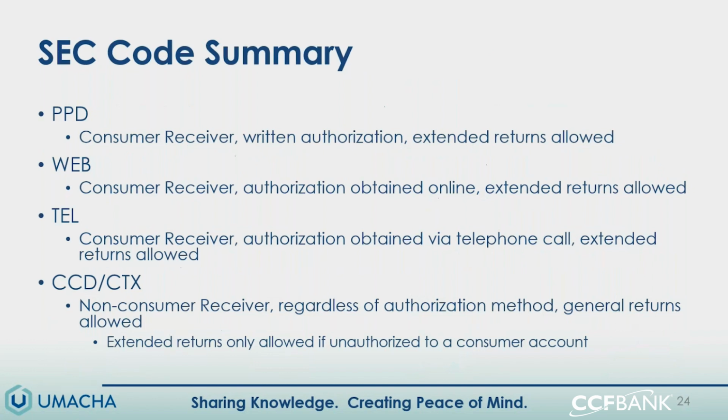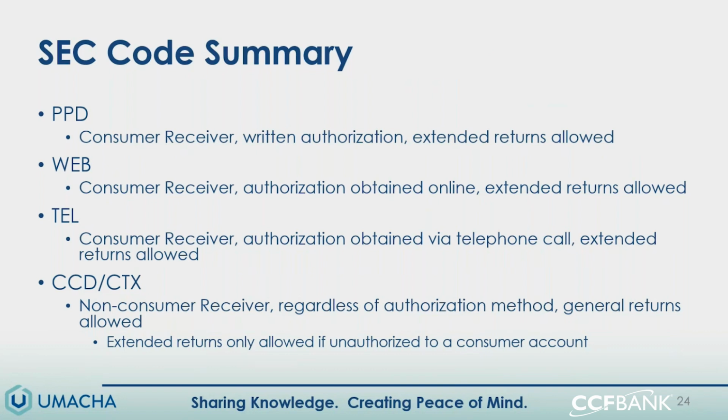So we have our PPD, WEB, and TEL. Those are our consumer receivers. So based on how that authorization was obtained, so written authorization for that PPD, online authorization for that WEB, that would include things like a FaceTime or a Skype or a Teams meeting, something along those lines where it's happening over the internet, even though it kind of looks like a phone call.